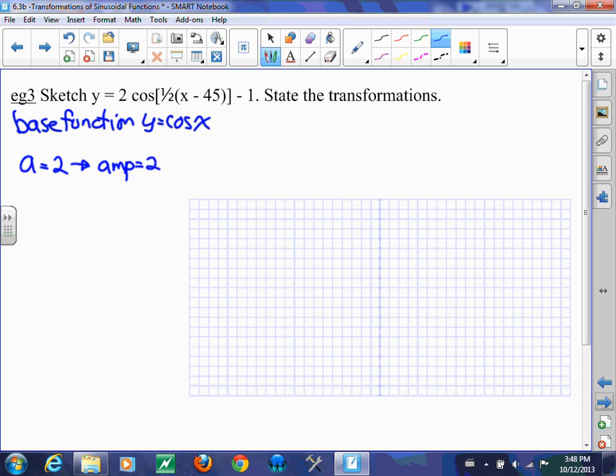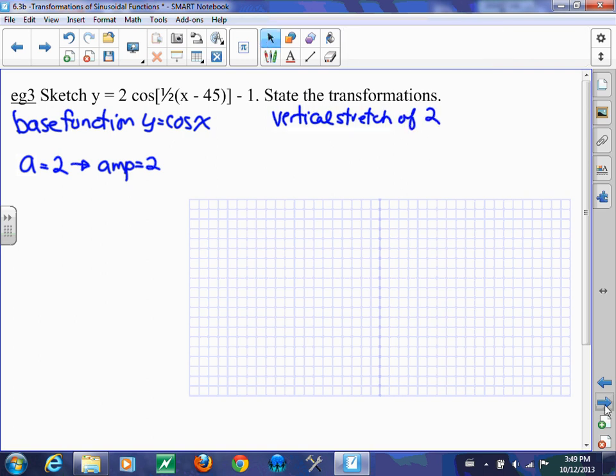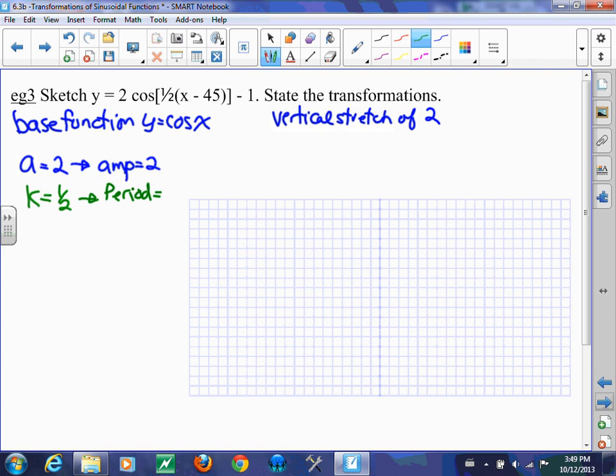If I talk about my transformations, what does that tell me, guys? It tells me we have a vertical stretch of 2, or by a factor of 2. Okay, next letter on our list is K. K equals 1/2. What does that tell us? That tells us that the period equals 360 divided by 1/2.